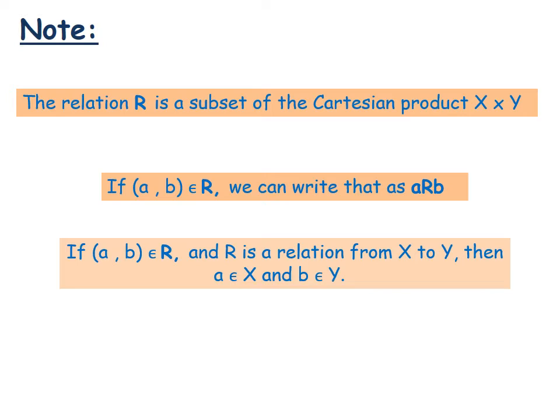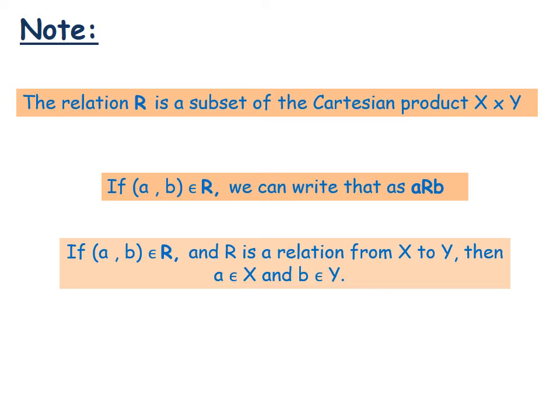Third note: if the ordered pair (a, b) belongs to R and R is a relation from X to Y, then a belongs to X and b belongs to Y. And that's what we have learned from the Cartesian product. The ordered pair comes out from the Cartesian product or a relation.